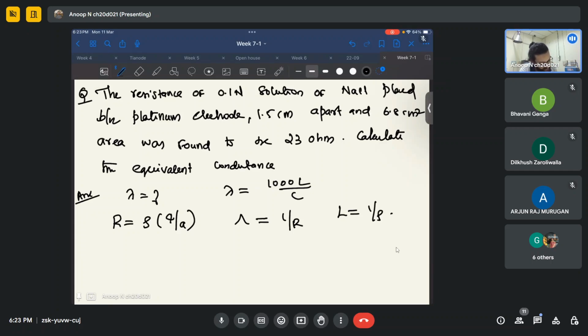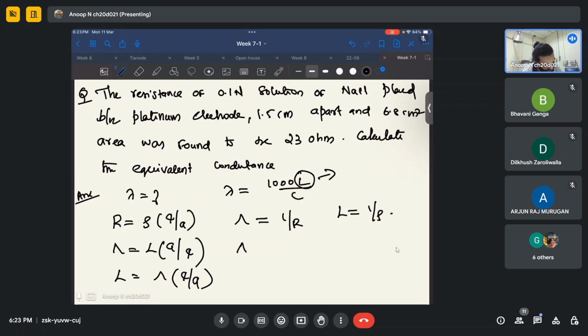I'll just take the inverse, so the reciprocal gives L into A by L. From that, I want the L value for calculating lambda. So I can write L is equal to capital lambda into L by A.